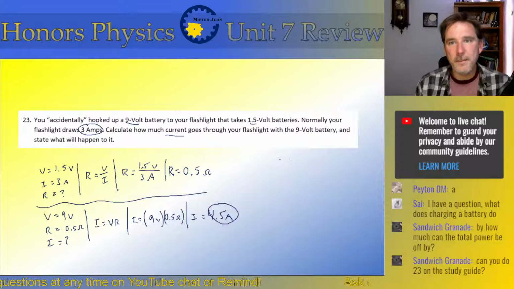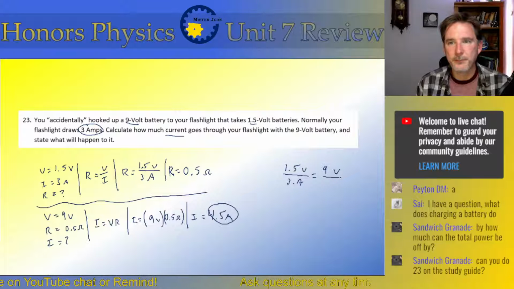The second way to do it is you could just think of it as a ratio. Okay. 1.5 volts gives me 3 amps. And so what about 9 volts? It's going to be X amps. And so 3 times 9 is what, 27? I cross multiply, 1.5x.